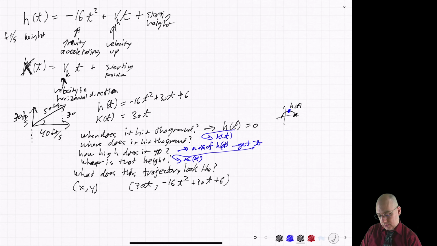Here we can do something tricky. X was supposed to be 30t, so t is equal to x over 30. So we plug in for the t here. We have x, and then we have minus 16 times x over 30 squared, plus 30 times x over 30.